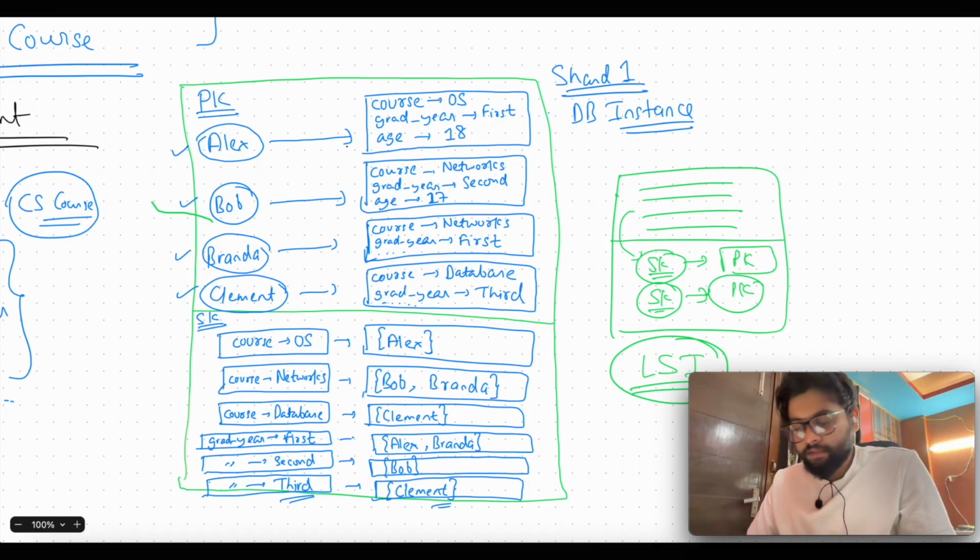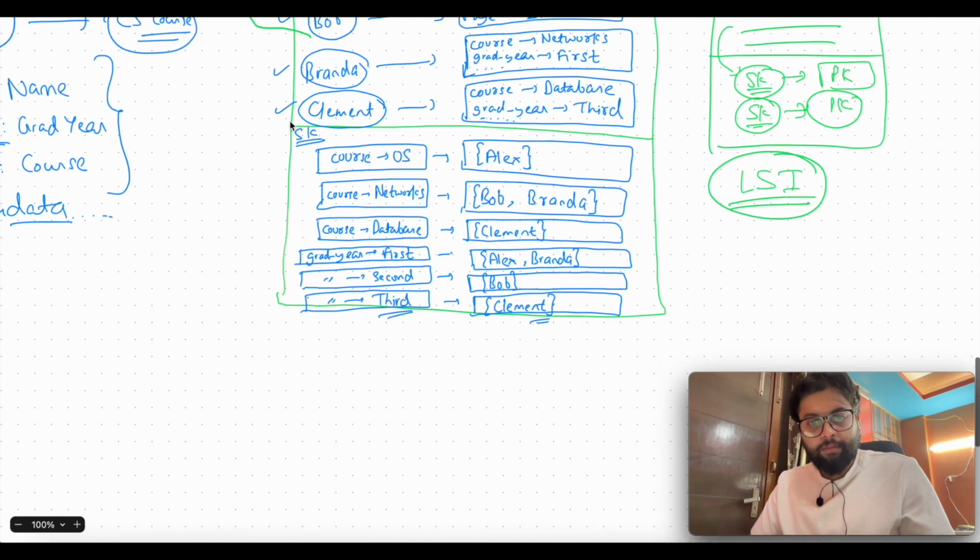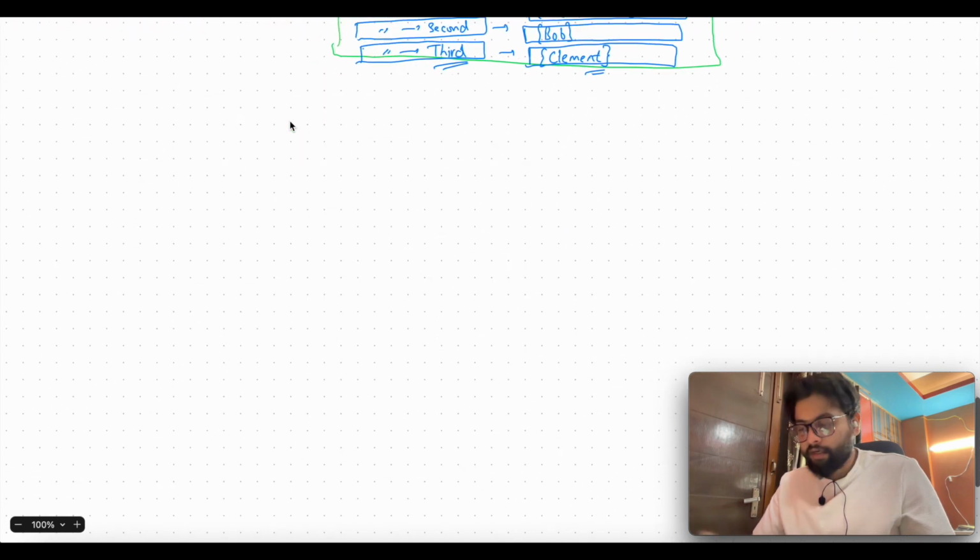Now let's discuss how we can handle reads and writes in a document based sharded instance, right? I'm going to scroll down here. We discussed in detail what document based sharding is, and we saw how particular instances store secondary keys locally.